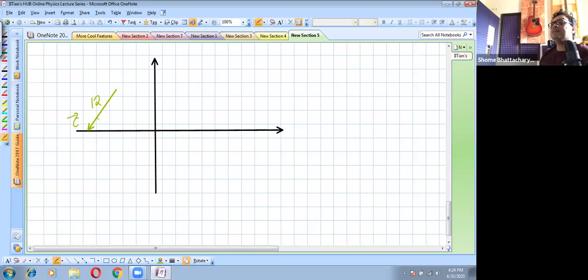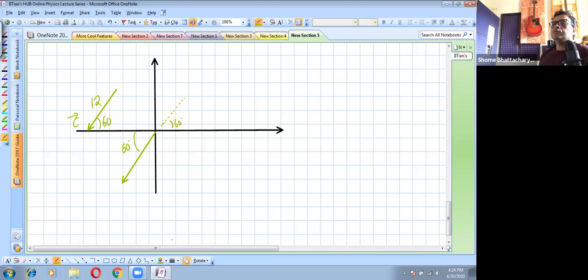Magnitude is 12 and this angle was 60. But now when you redraw it at the origin, you will see that when you pick up that vector and place it over here, it's like this. So this angle is 60, same as this angle 60. So that angle is 60.